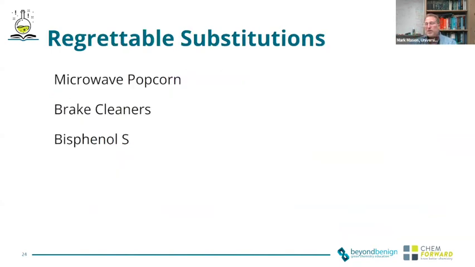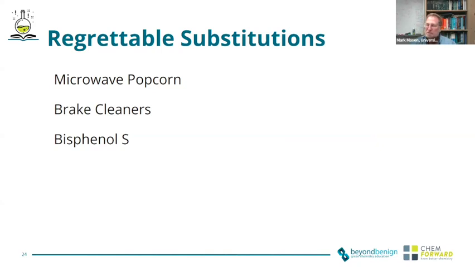Now, in the module, we give 3 main examples. You may be familiar with these. These are common examples. But microwave popcorn, the one chemical that causes what is called popcorn lung, was replaced with a chemical that only had a difference of 1 methyl group. It ended up having the same problem, not surprisingly.